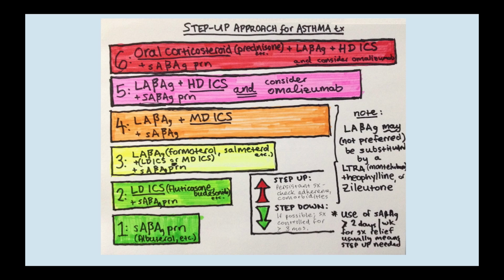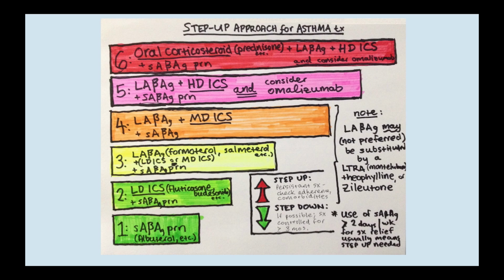That's one inhaler, but it's fluticasone and salmeterol, so you've got your corticosteroid and long-acting beta agonist. And then there's Symbicort, another one that you'll see advertised. That's budesonide and formoterol. So the long-acting beta agonists and the inhaled corticosteroids are typically combined into one medication.